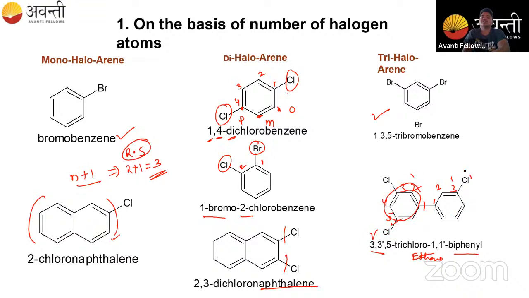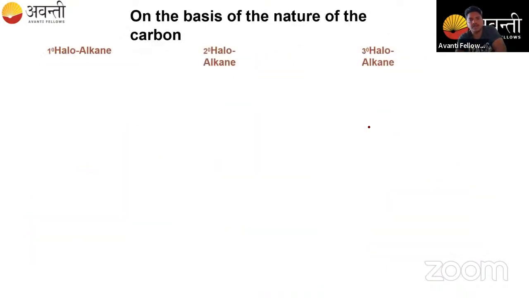If you consider this the main chain and give number 1 for this one, 1 dash you get for the other, so 1,1-biphenyl ethane you are going to get, because 2 carbons are there, ethane. Okay, so that is what you can remember.